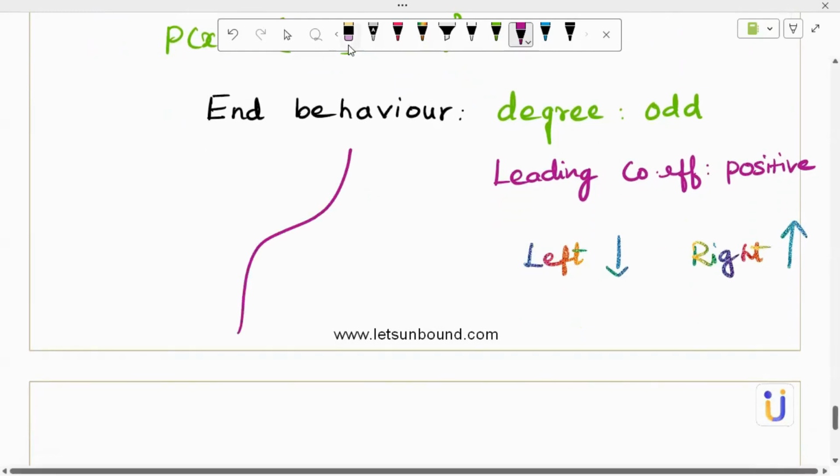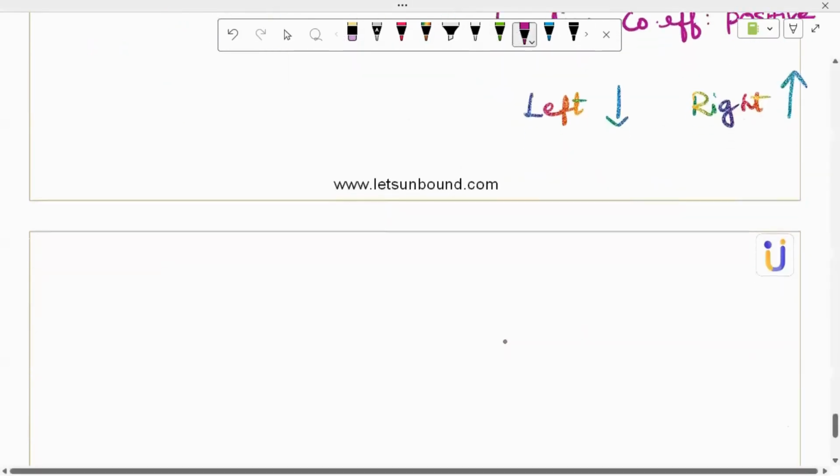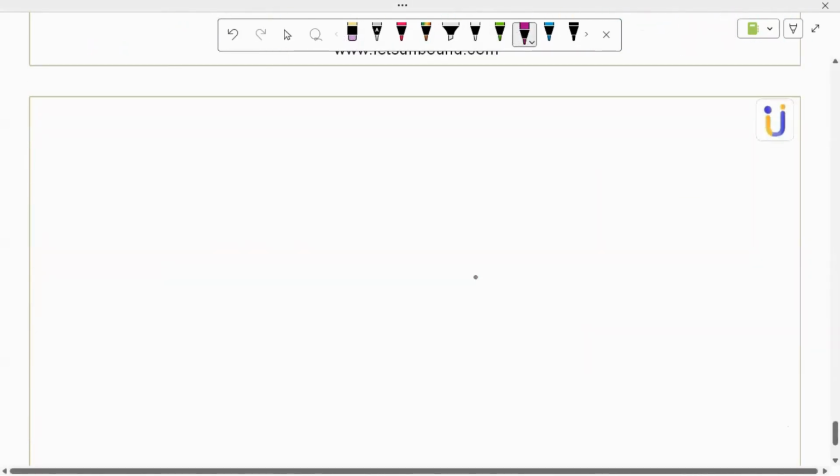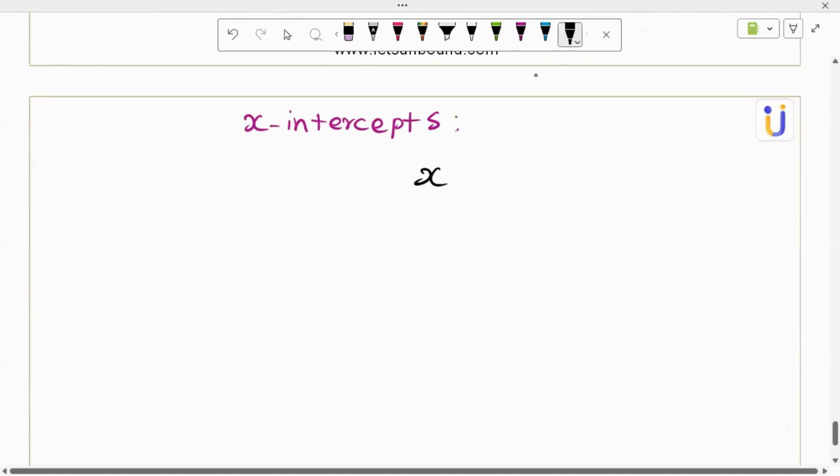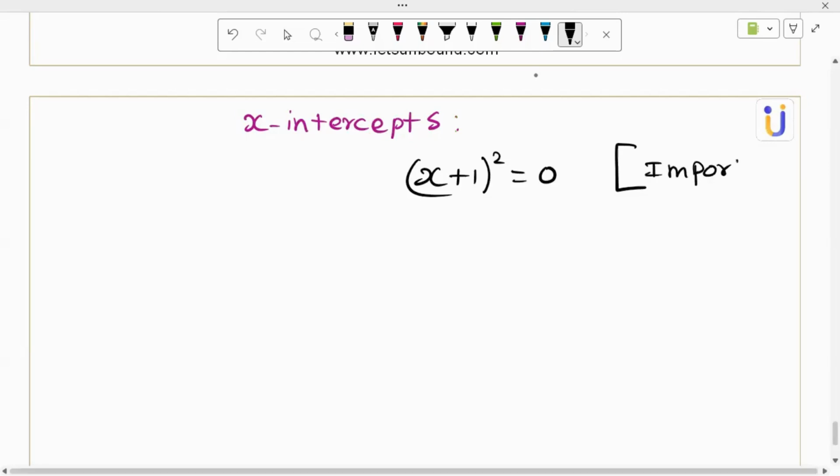And then we have to test the x-intercept and y-intercept. So x-intercept is a kind of zeros. Also, this is the important aspect: in the question they have mentioned coordinates. So for the x-intercept, I'm just taking the first factor equal to 0. This is very important. It's a squared factor, right?